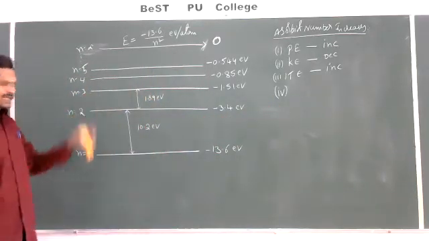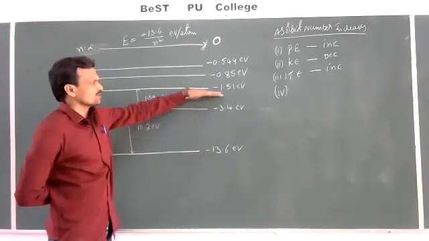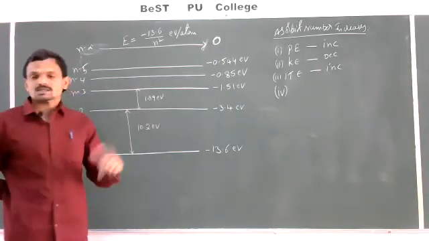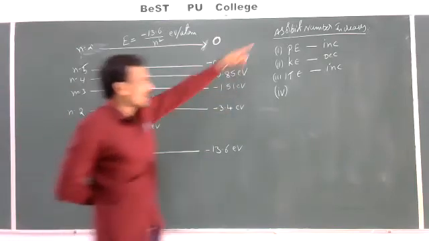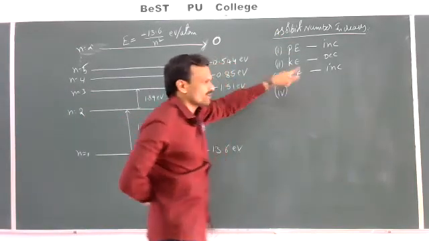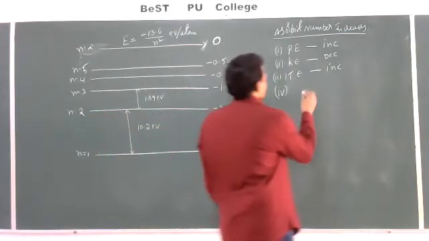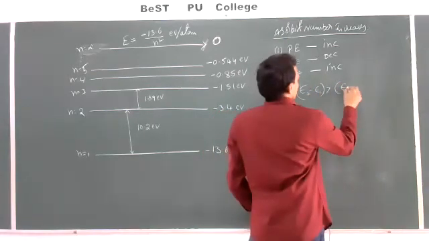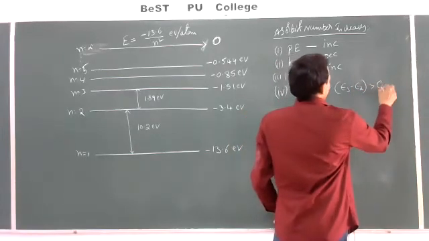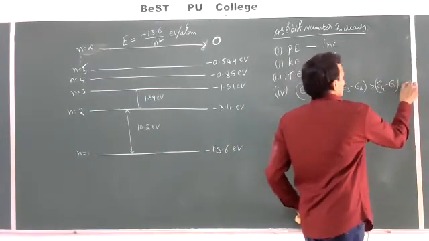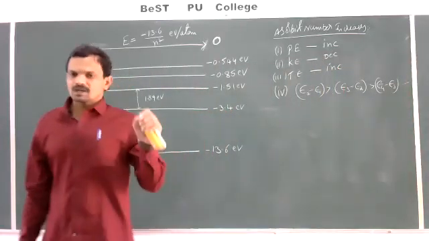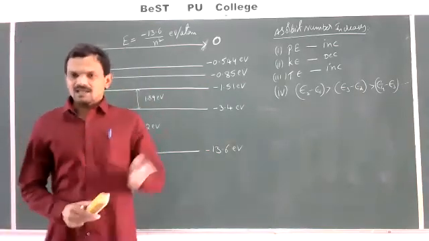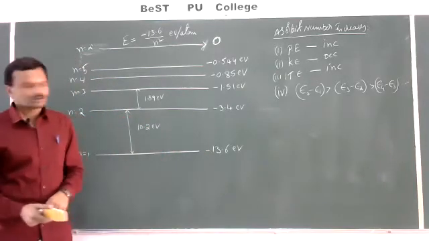As the orbit number increases, the energy associated with that orbit increases, but the energy difference between two successive orbits decreases.